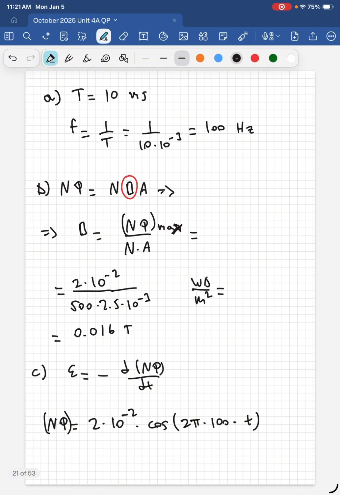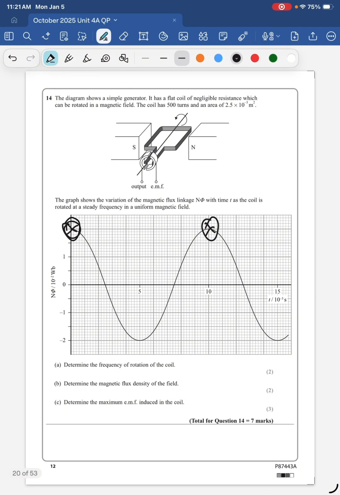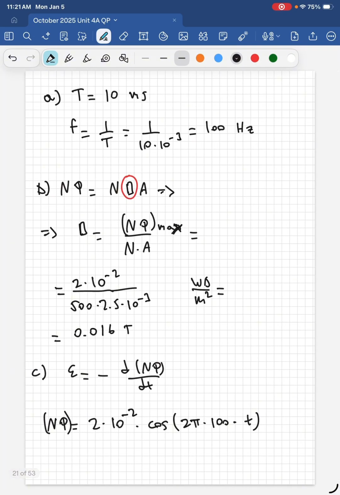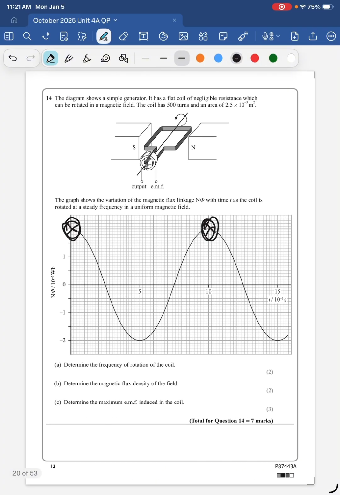For time equal to 10 milliseconds, we will get the cosine of 2 pi, in fact, which is 1, and again we get that.